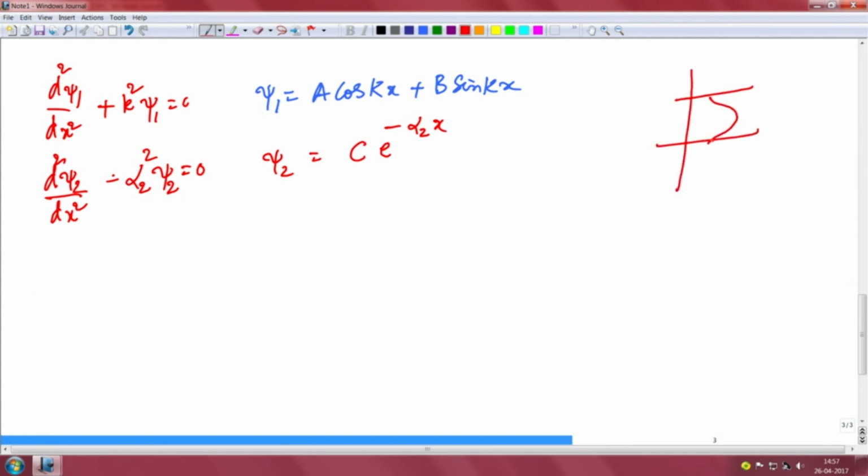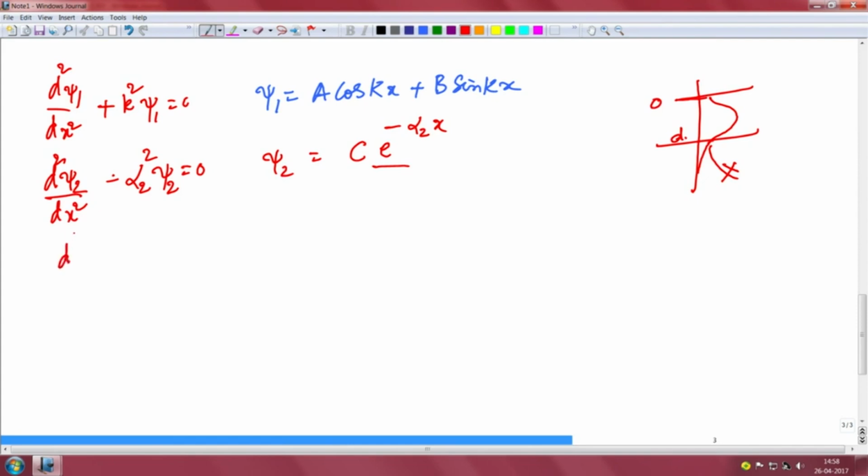This is all oscillatory here and exponentially decaying here. So, we will not consider the field which is exponentially rising in this region. And we will ignore this function, and so we will not put e power plus alpha 2 x. So, we take only the exponentially decaying field as a solution for this. This also implies that we are taking the boundary condition at infinity, that the field is going to 0 at x equals infinity. So, we have taken this as the origin and this is the d.